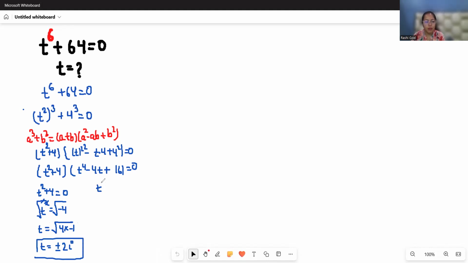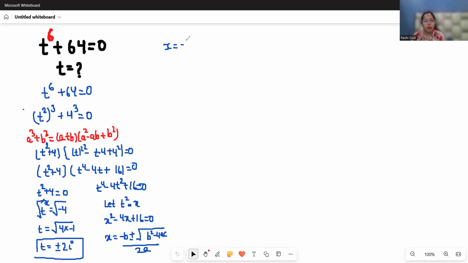Now here, t^4 - 4t^2 + 16 = 0. So let t^2 = x. So it becomes x^2 - 4x + 16 = 0. So I am going to use the quadratic formula, that is x = (-b ± √(b^2 - 4ac)) / 2a.